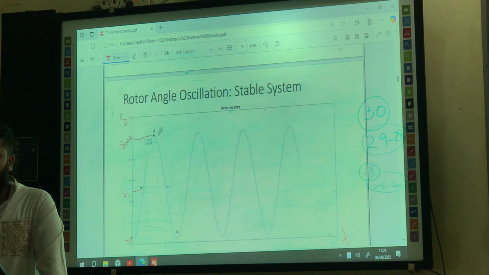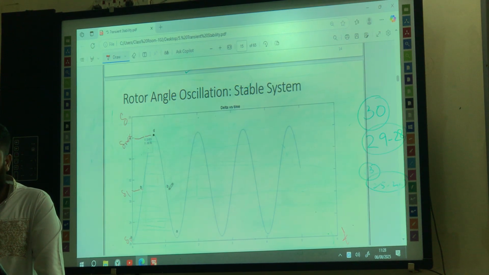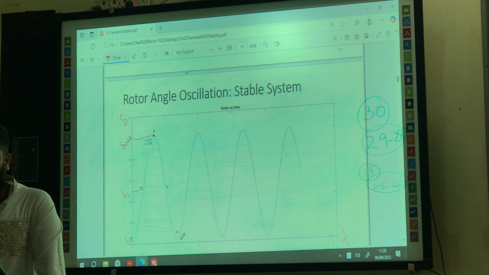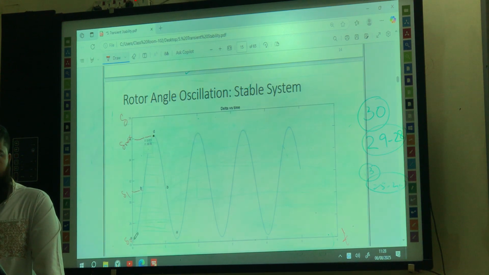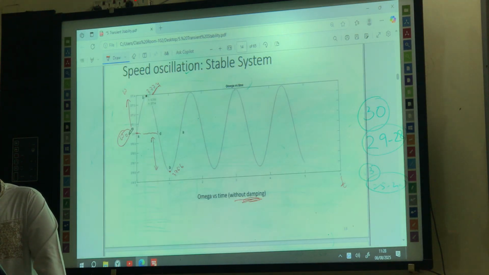Because this is the highest value that this delta can take in this journey. That's why this is called delta max. Again, from D to B, it will come to delta 1, then delta naught. So the swing will be between delta max and delta naught, and what will be the average value at the center point? It will be delta 1, right? And in this case, what was the average value? It was the omega naught.